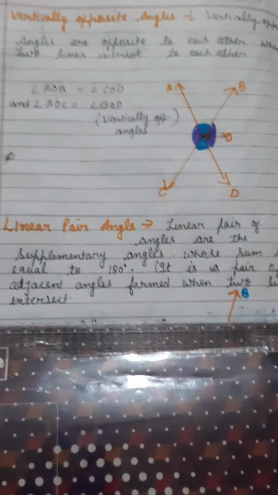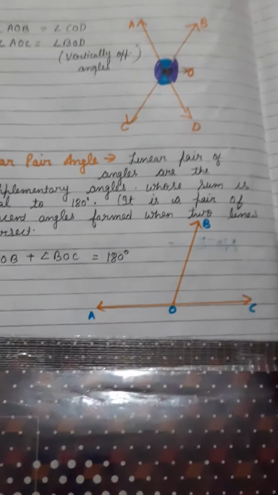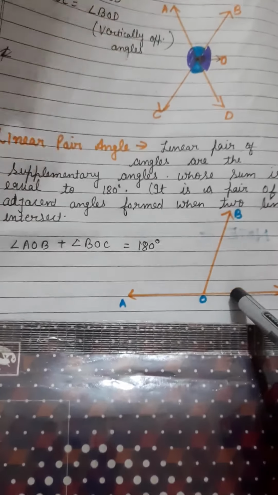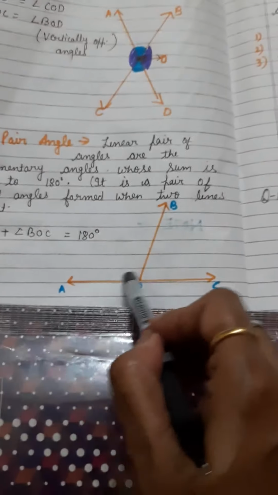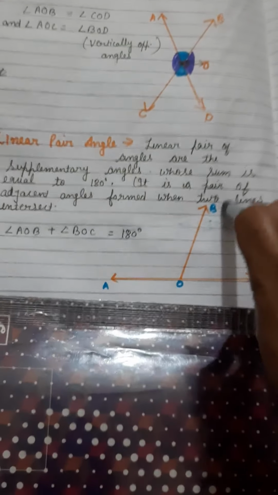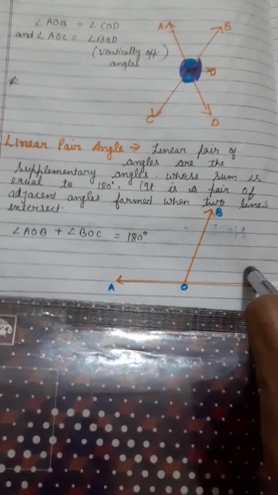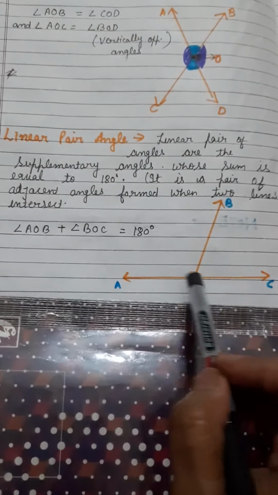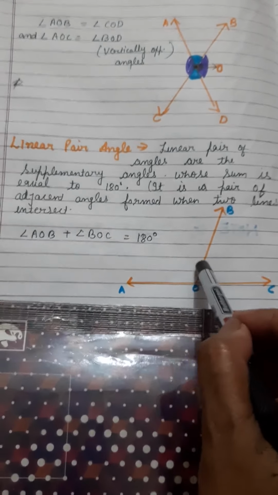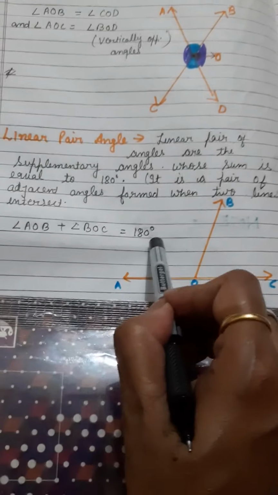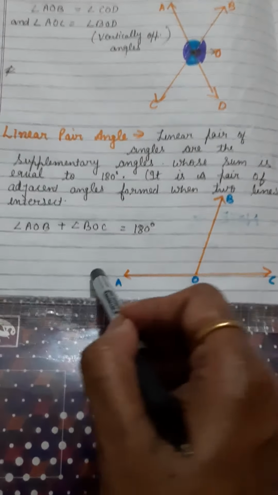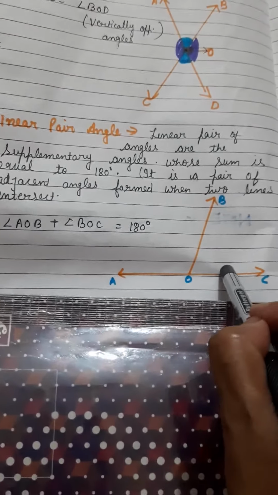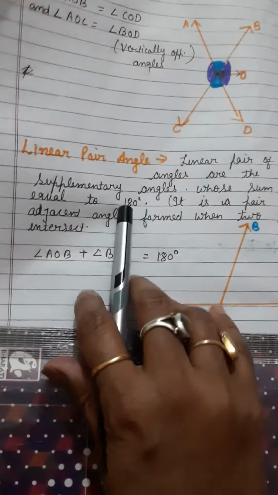Just look here, this type of angles are called a linear pair. Why linear pair? Because this is a straight line, and one arm is dividing the straight line, so that's why this is called the linear pair of angles. When you add these two angles, the sum will always be 180 degrees. Why always 180 degrees? Because a straight angle is always 180 degrees, so that's why.